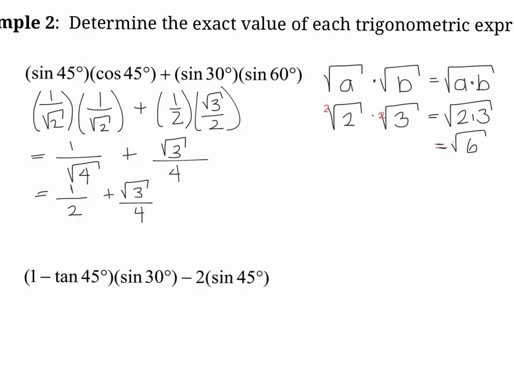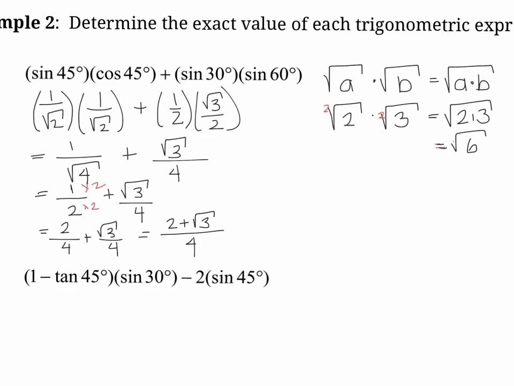So I'm going to multiply the denominator and the numerator by 2 of this fraction. So now we're going to have 2 over 4 plus root 3 over 4, and we can make this one big fraction, all over 4. And at the top, we're going to have 2 plus root 3.